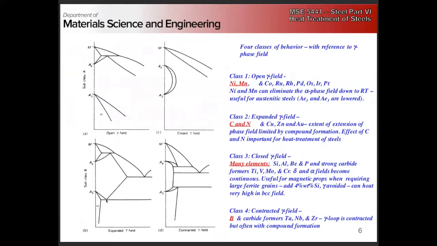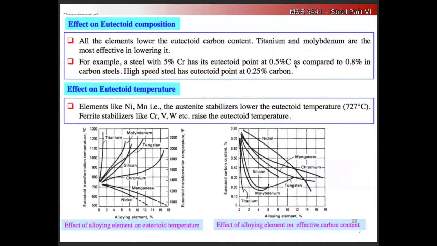This is the carbon concentration. If we have other alloying elements, we're going to shift the eutectoid point over to the left, right? Titanium and molybdenum are very effective at lowering it, right? And we'll take a look at exactly what happens with the different phases under the influence of titanium and molybdenum in a minute, right?